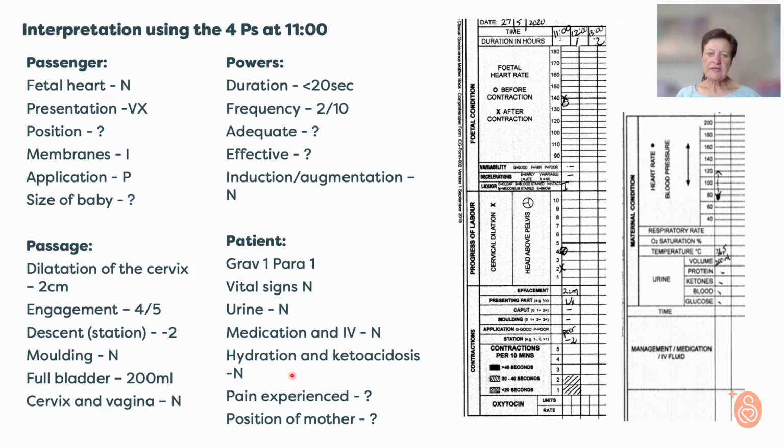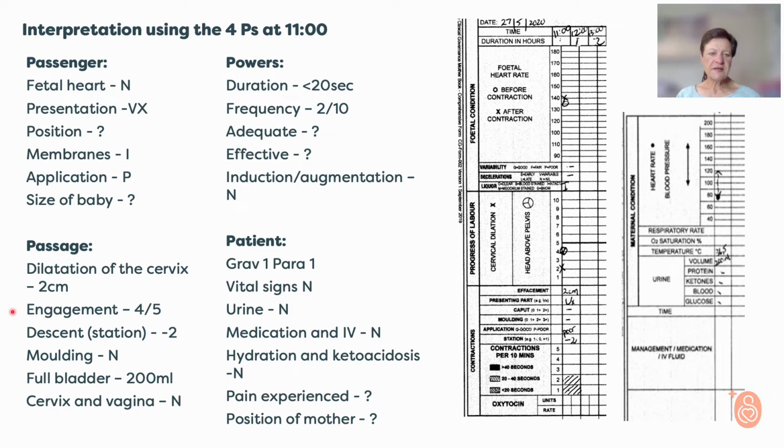We see that there's the bladder, the maternal. When we look at the mother, there's 200 milliliters urine being passed. So the bladder is not full, or we assume that the bladder is not full. We will see later on whether the mother is passing urine normally or not. The cervix and the vagina seem to be normal.